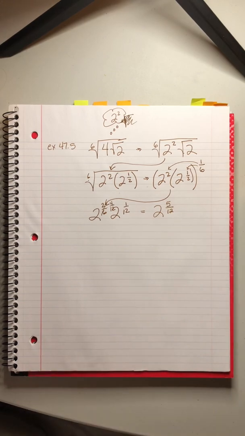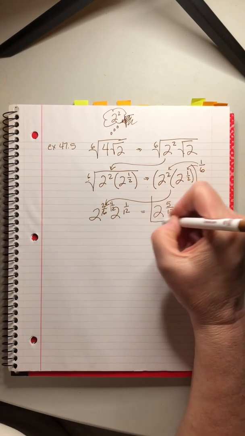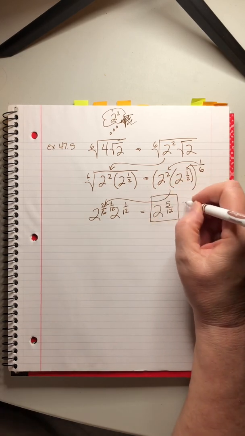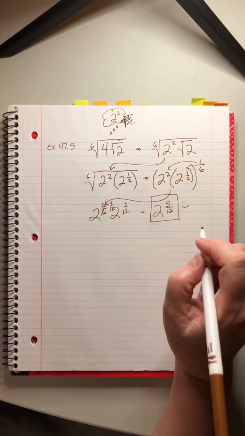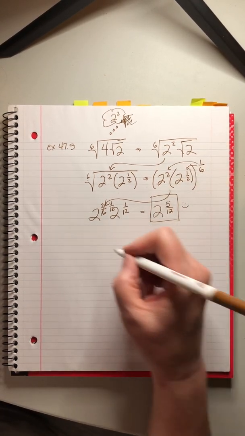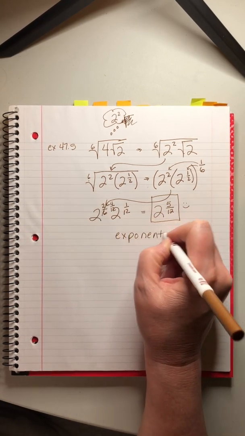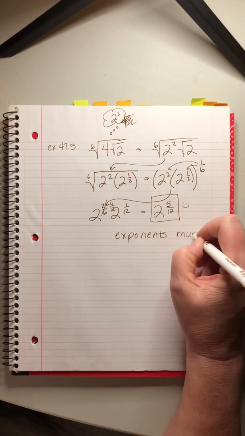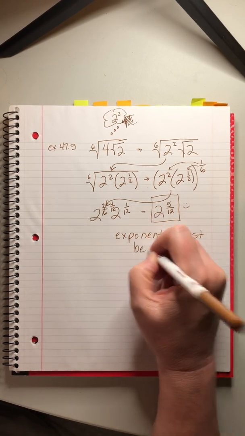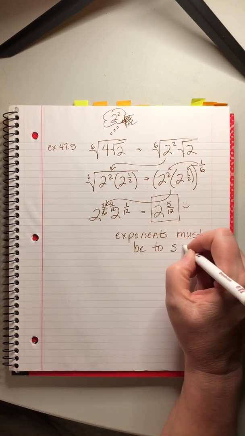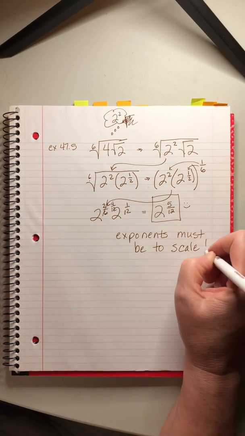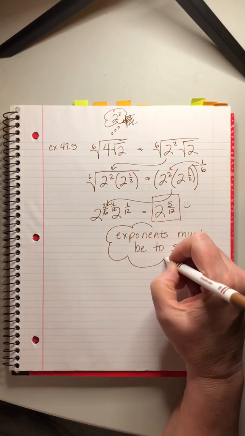That's an exponent. If we are doing a problem like this on the test, make sure your exponents are to scale. And what I mean by that, I'll show you.